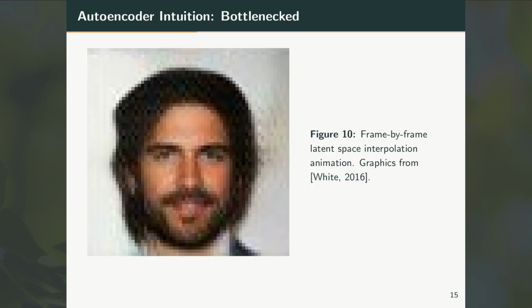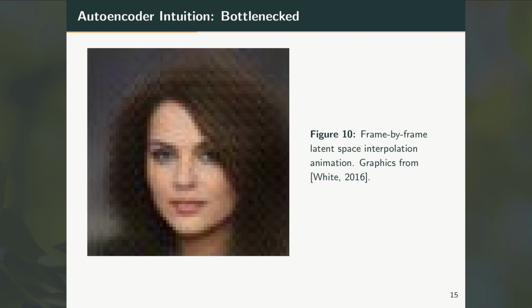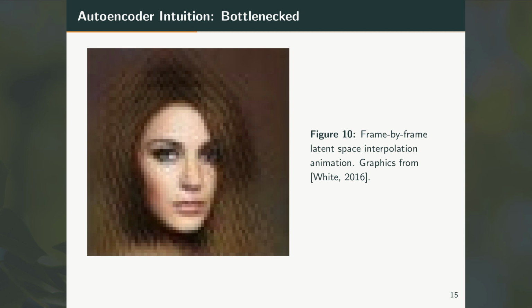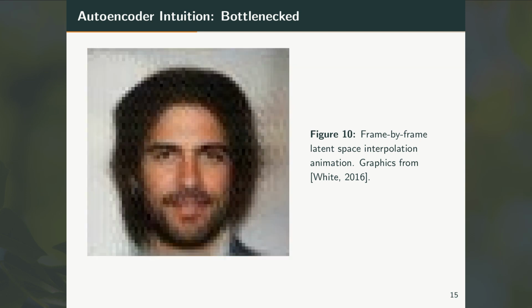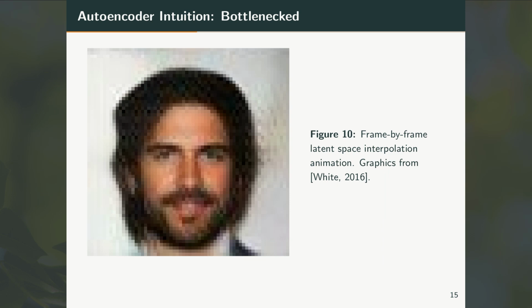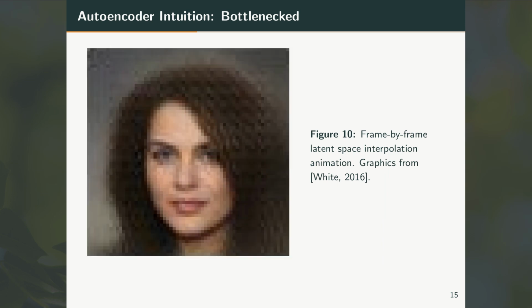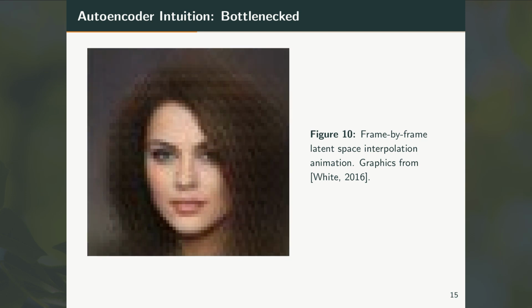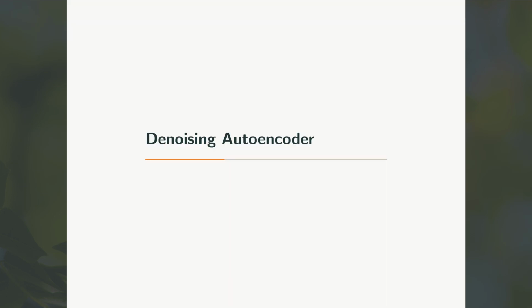So we start at beard guy, and we're going to walk over to this brown-haired woman, and then we can keep walking over, for example, over to a red-haired woman. So what I want you to notice here is this really interesting continual deformation of properties of these faces, like the pose, the hairstyle, the gender expression. It all changes really fluidly as we move through the latent space.